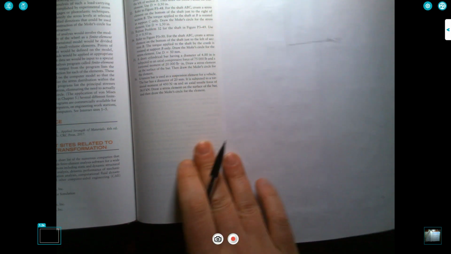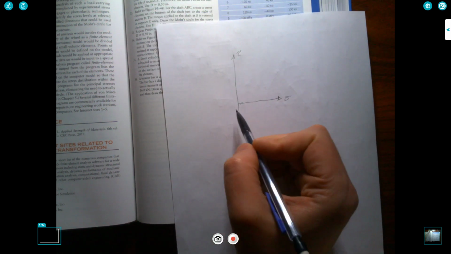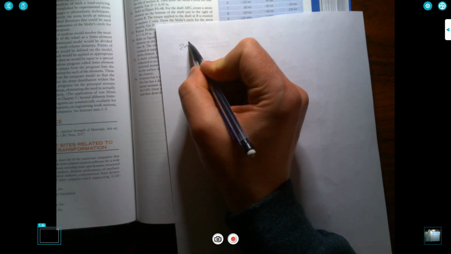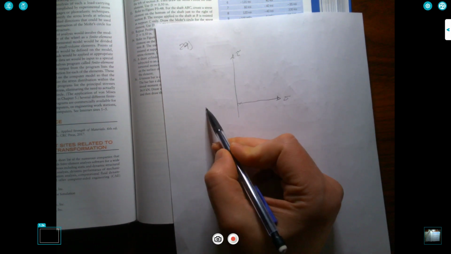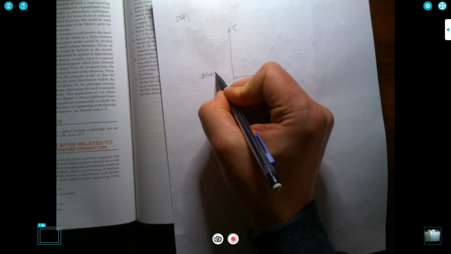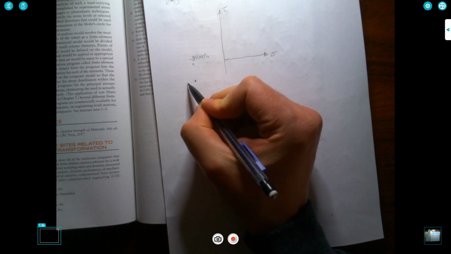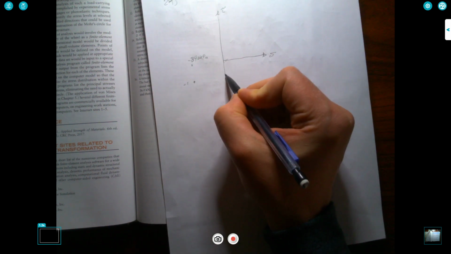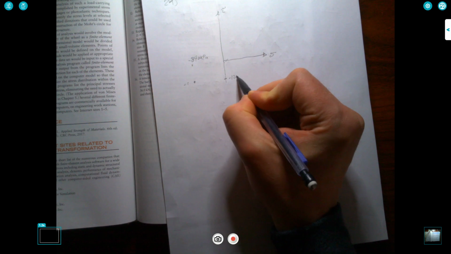We would see, well, if we have negative 840 kilopascals, we have also a negative shear of 120 kPa. So this is 29, we'd end up going negative 840 kPa, then minus 120 kPa.